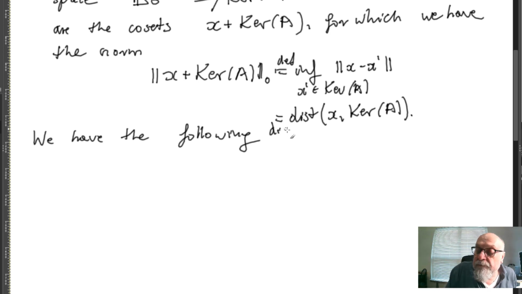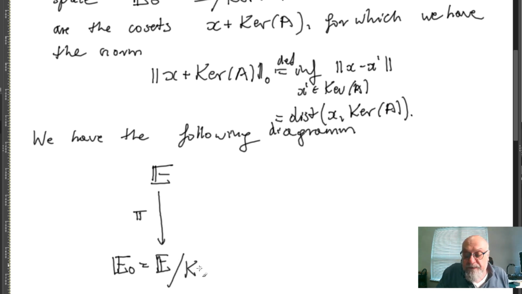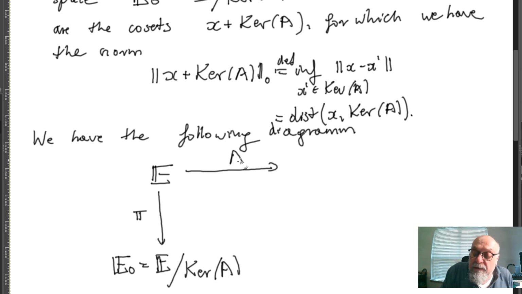We start with the space E and denote by pi the natural projection on the space E0, which is E divided by the kernel of A. Then we have the operator A going to the image of A, which is contained in the space F.